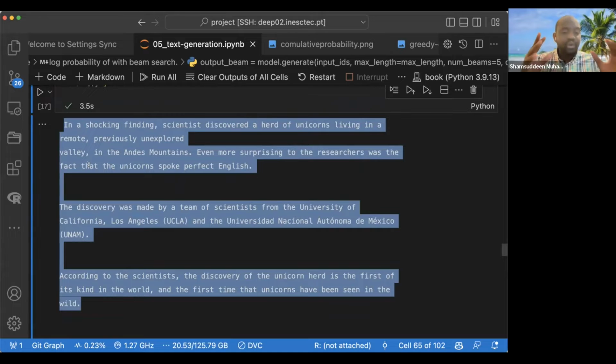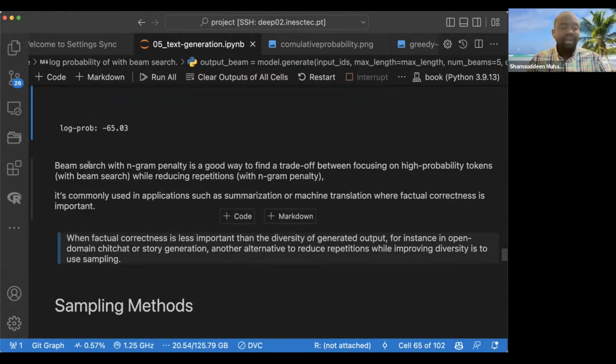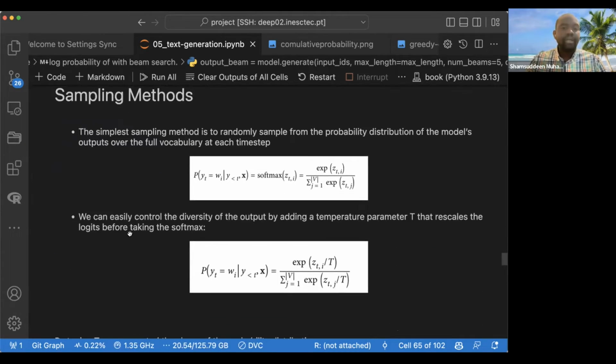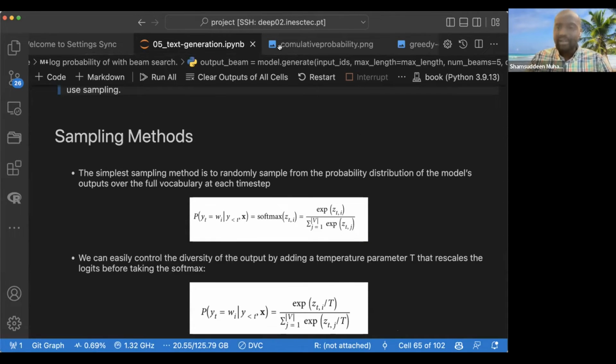We want something that looks good, you know, to look human. But if we are doing something less strict, like chit chat, we don't need the diversity, so we can use a different method, which they suggest here: the sampling method. So, does anyone want to add something before we move to the next method?